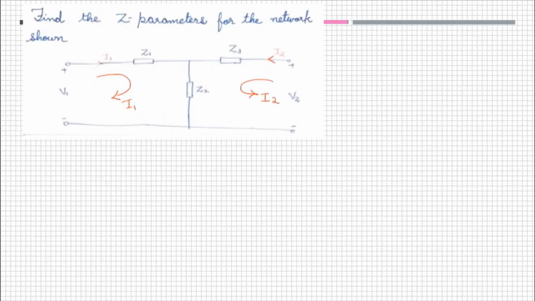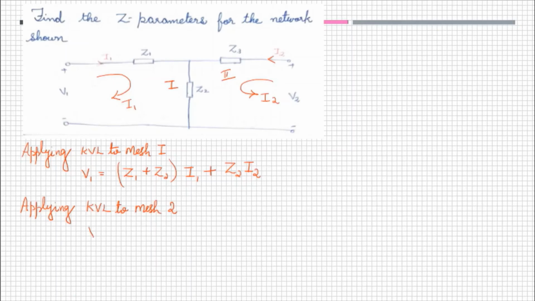Now let's apply KVL to mesh 1. Applying KVL to mesh 1, we will get the equation V1 equal to (Z1 plus Z2) into I1 plus Z2 I2.